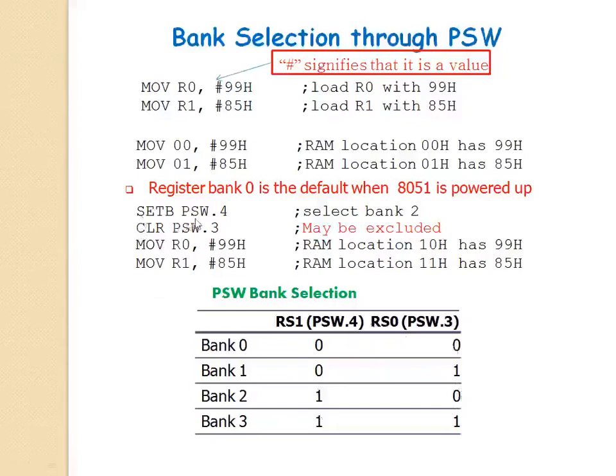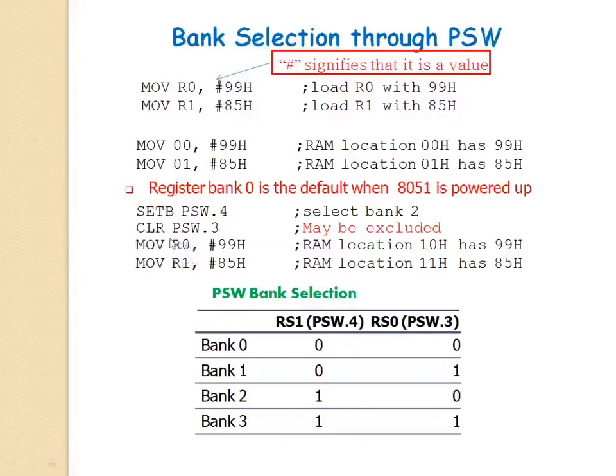So SETB PSW.4 will create a 1 for RS1, and CLR PSW.3 will create a 0 for the RS0 bit.